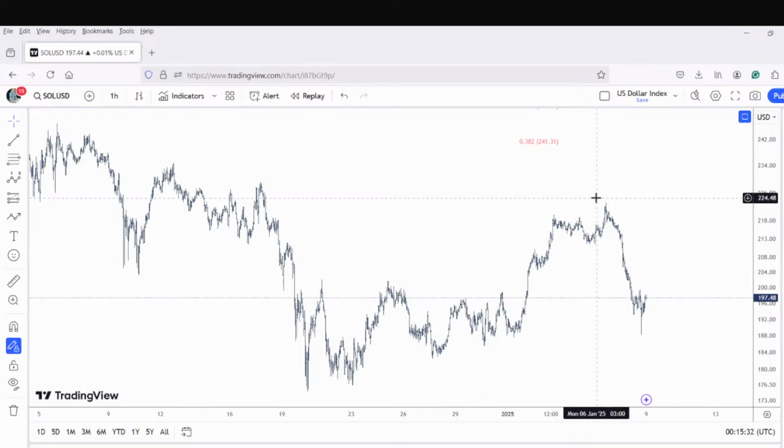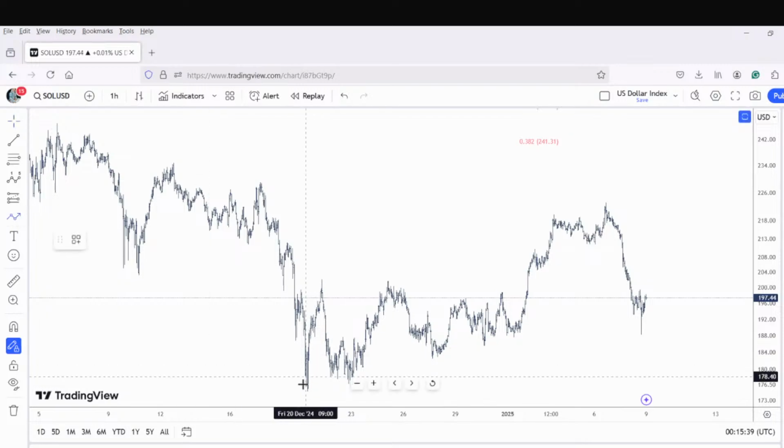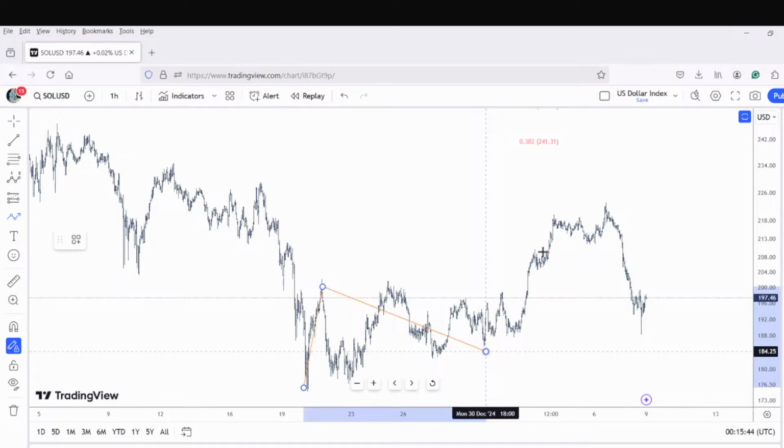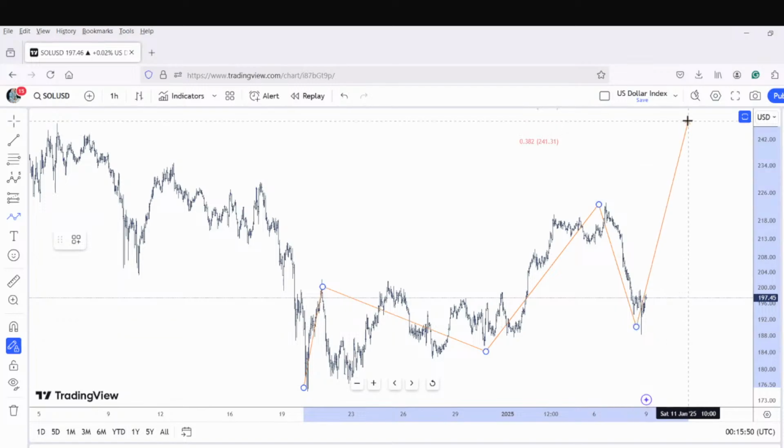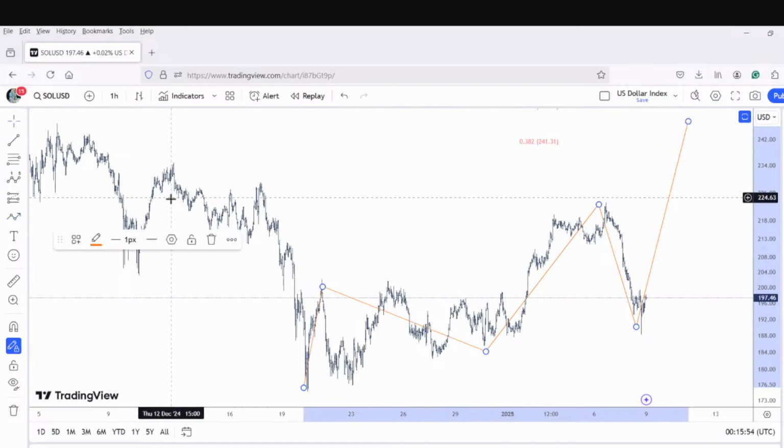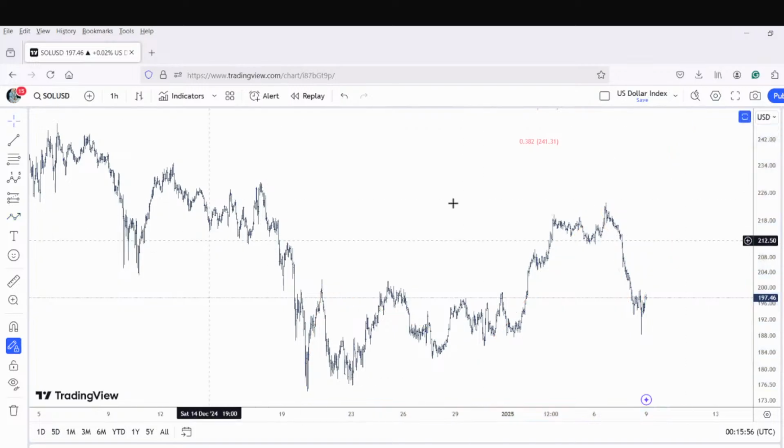Okay, ending diagonals are five wave structures, and each wave subdivides into three waves. So if this is wave one, that is wave two. Again, it's going to give path to the third wave. All right. So the wave structure is still within the guidelines of an ending diagonal. Need to be very strict about the stop loss, though.